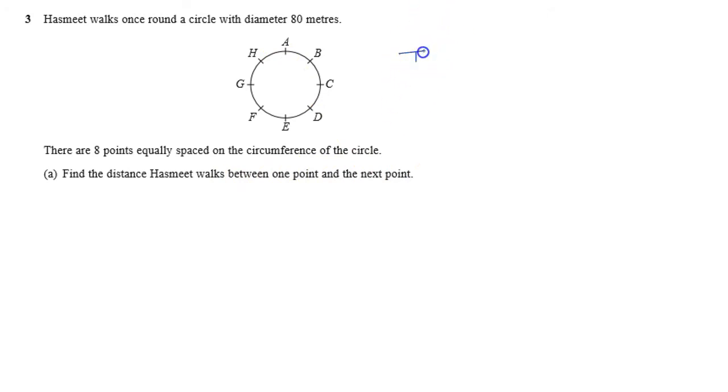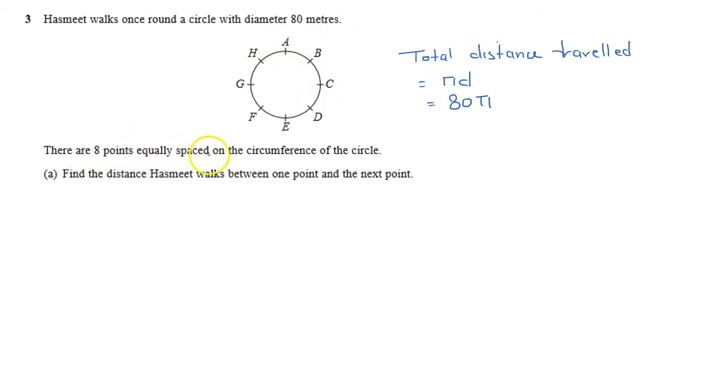So total distance traveled, that is pi d. So 80 pi is the distance traveled.